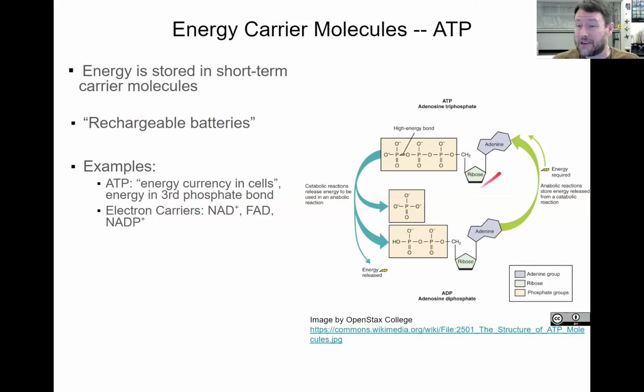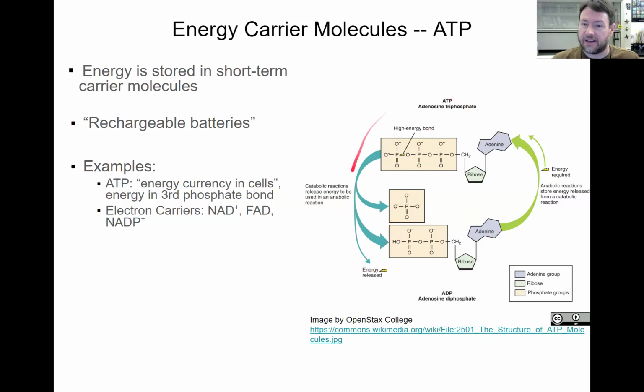If we look at the chemical structure of ATP, it's basically a nucleotide of RNA that has been modified with a few extra phosphates. And in particular, this last phosphate group, there's a high energy bond between the second and third phosphates. And so by splitting off that third phosphate, that energy can be released.